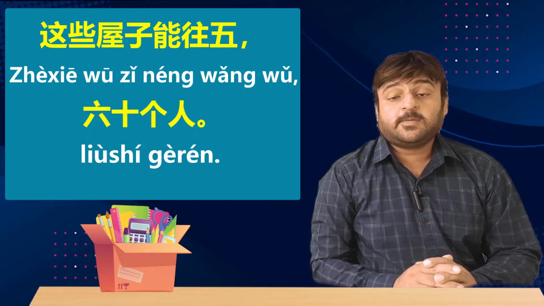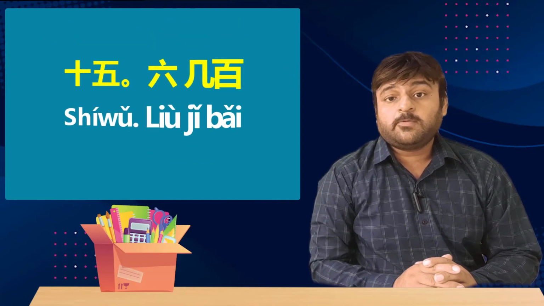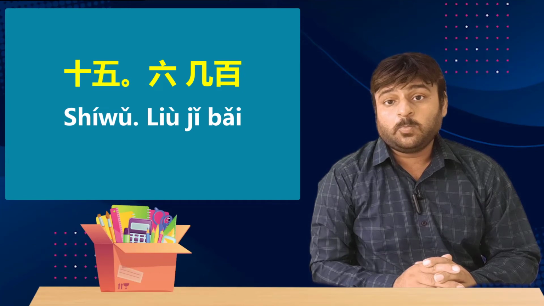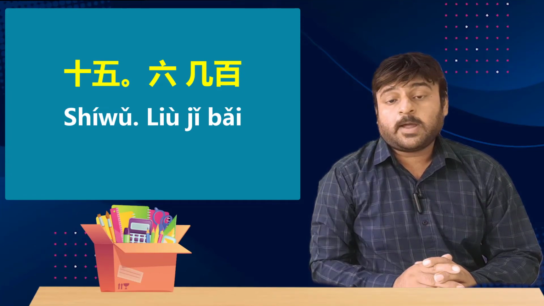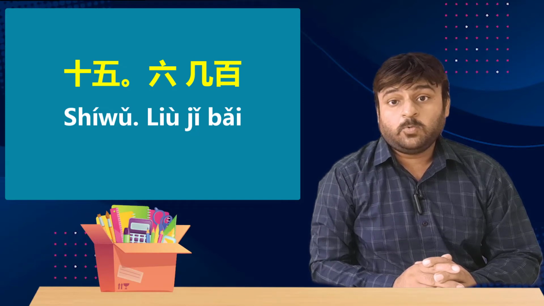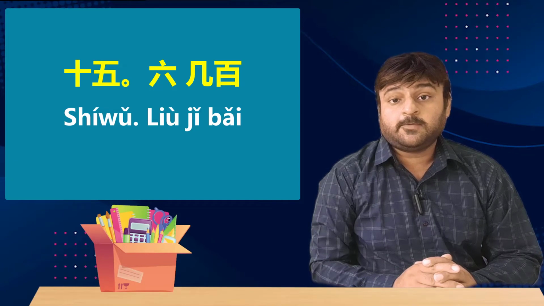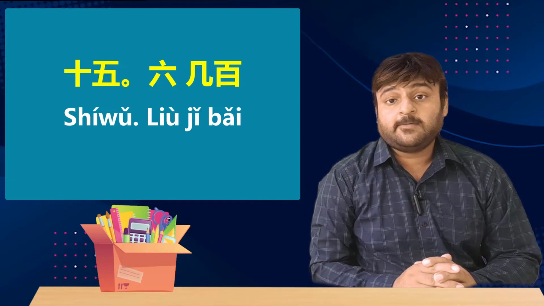Moving on to the words in the box to make suitable approximation. Let's have a look at the words in the box. 十五六 15 and 六, this means 15 or 16. 十五六, this means 15 or 16 people can live in this room.